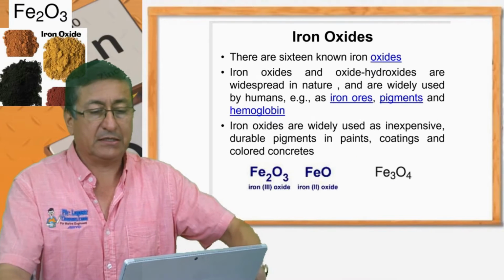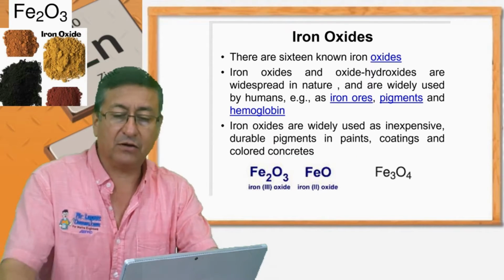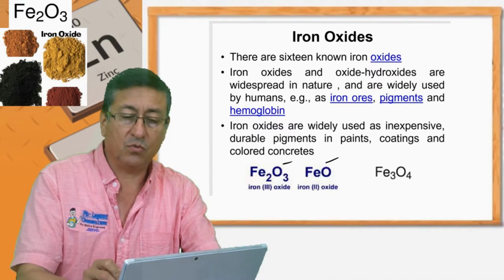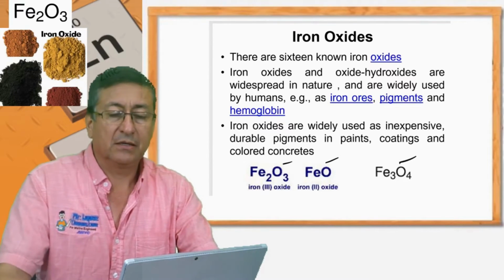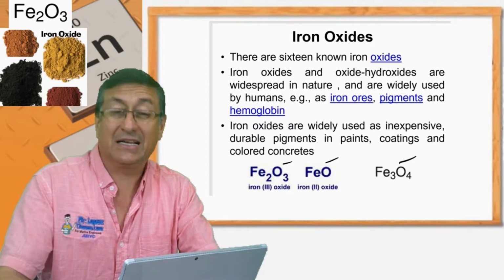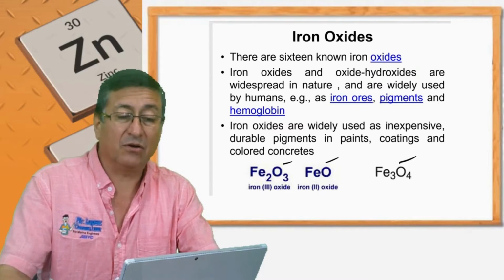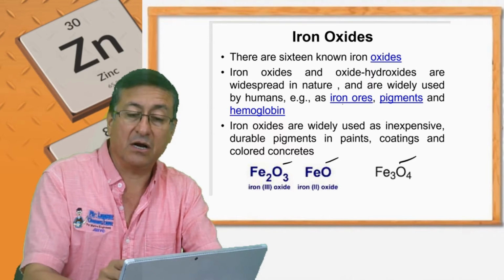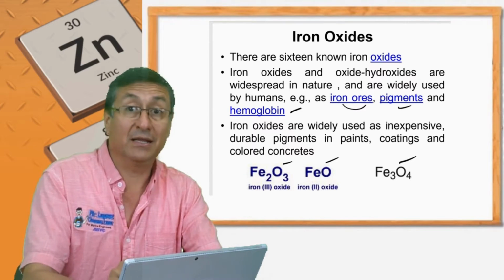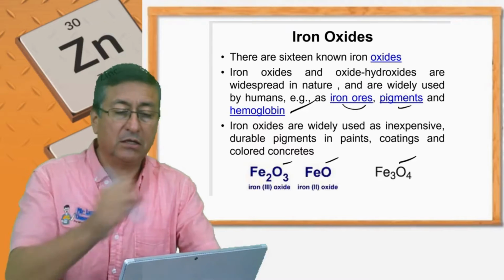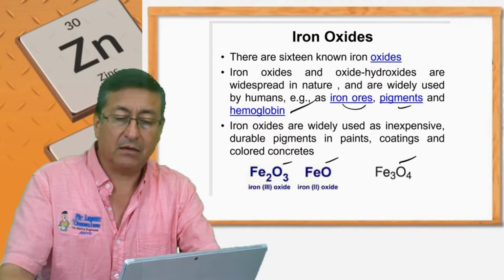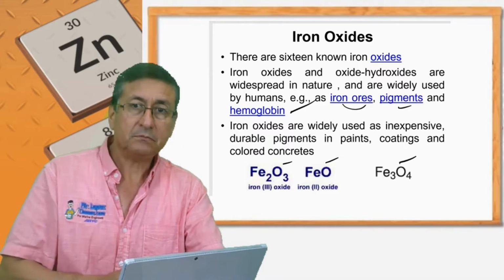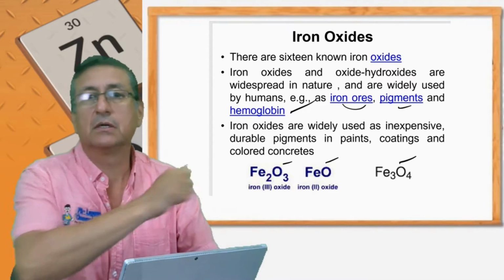Yes, there are different types of iron oxides, depending on how many electrons are working in the last orbit. There are like 16 types of iron oxides, and they are used as iron ores, pigments, the hemoglobin in your blood, and they are highly used as pigments in paint coatings.